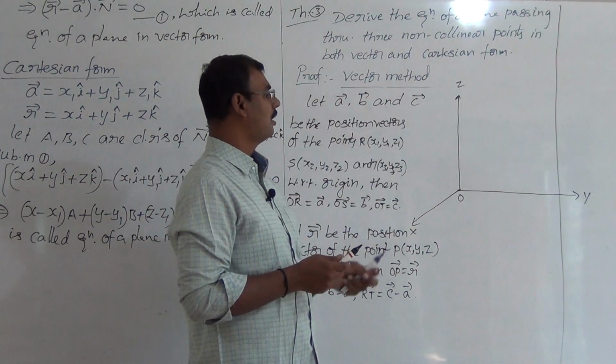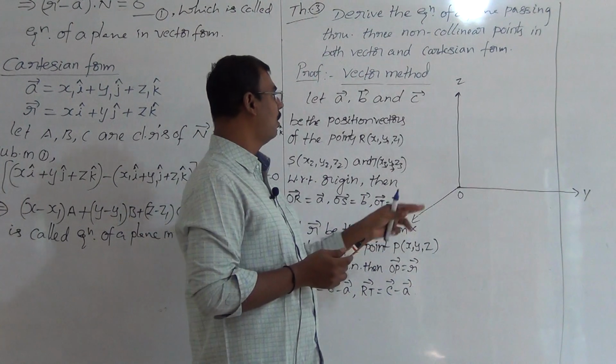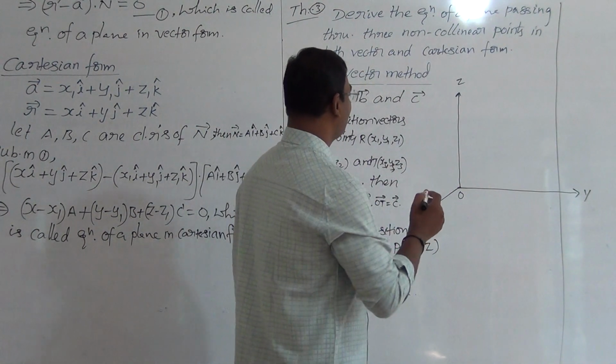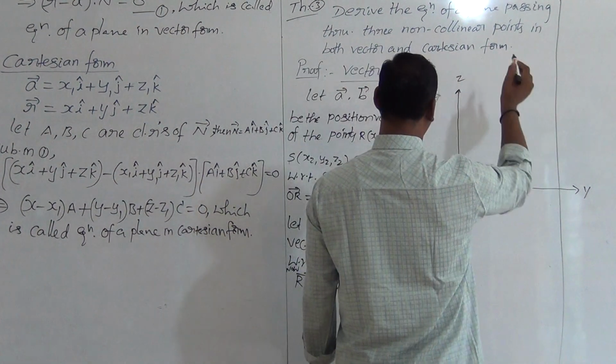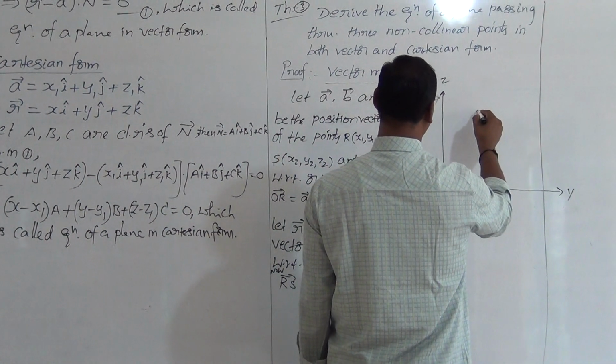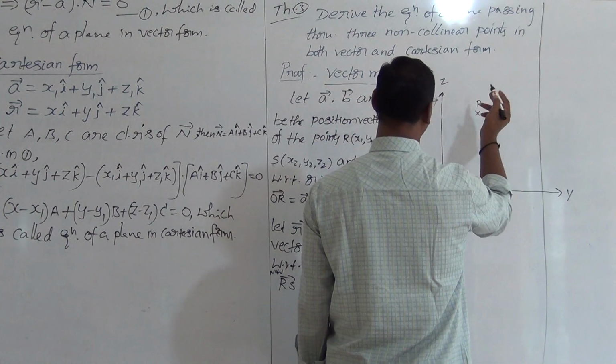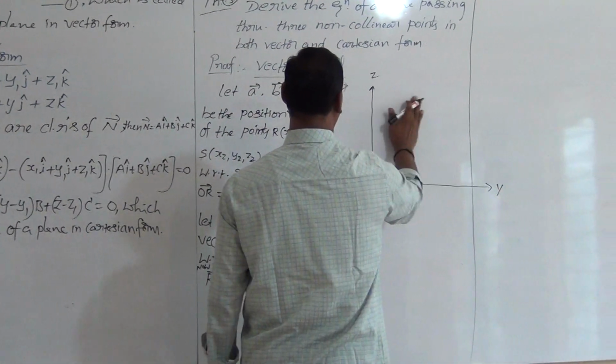Take the Cartesian system O, X, Y, Z. Next, take 3 non-collinear points. First of all, take the plane.